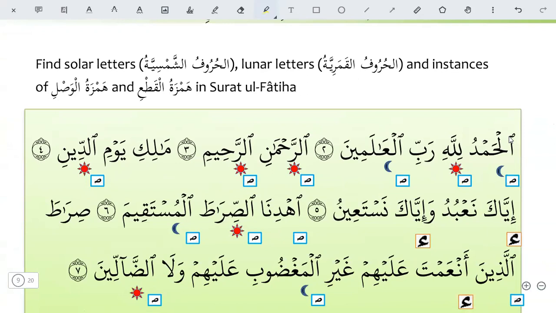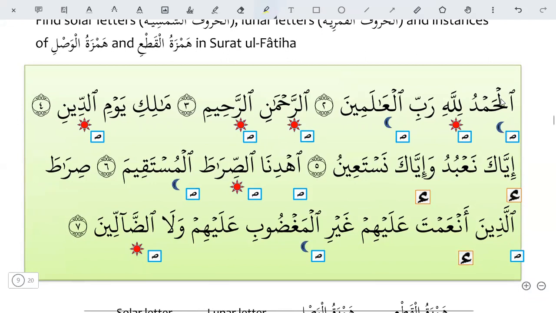What is this? Here we have to find Hamza, Huruf Shamsiyya and Huruf Qamariyya. Alhamdulillah. Lam is Huruf Shamsiyya or Huruf Qamariyya?